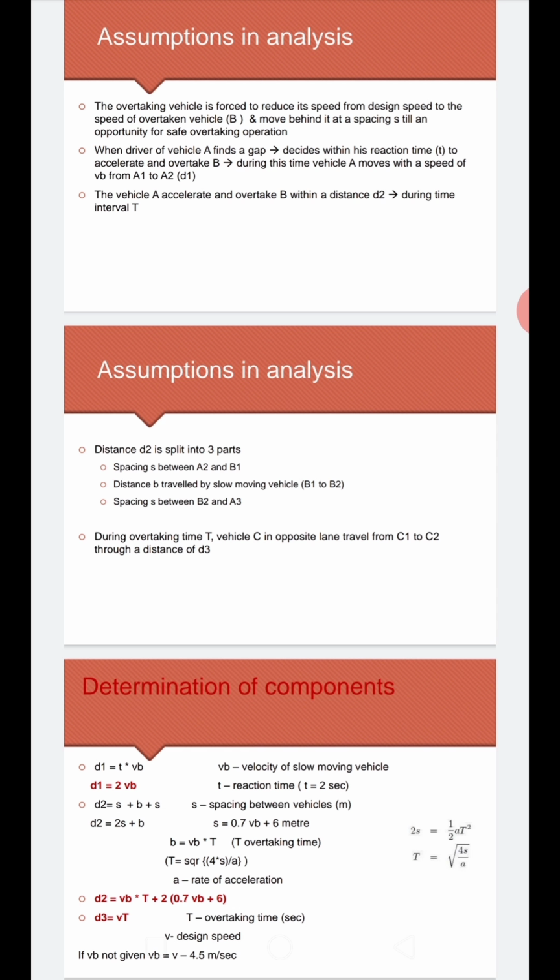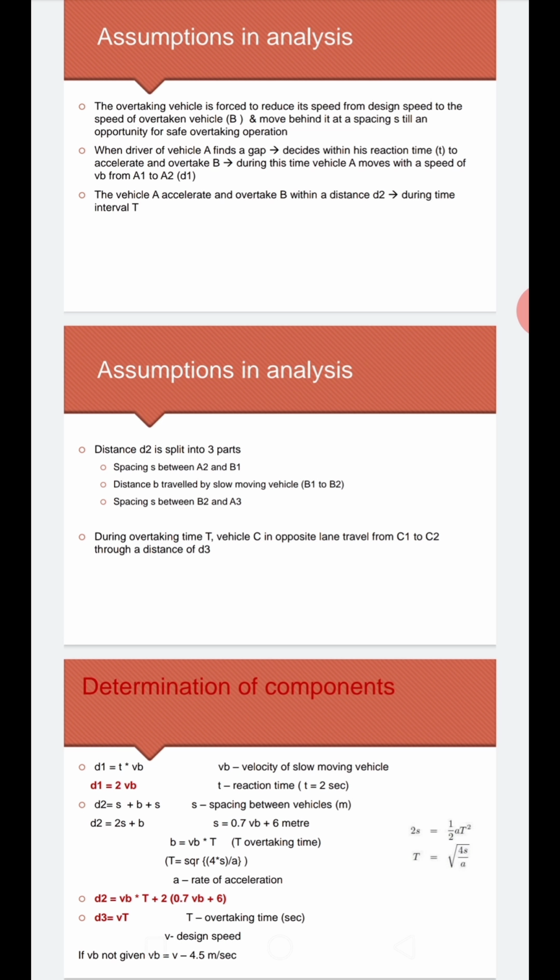Now the determination of components. Small d1 is equal to vB times t, where t is the reaction time of the driver for overtaking sight distance. We are taking that the driver will react instantly, so the reaction time is taken as 2 seconds.